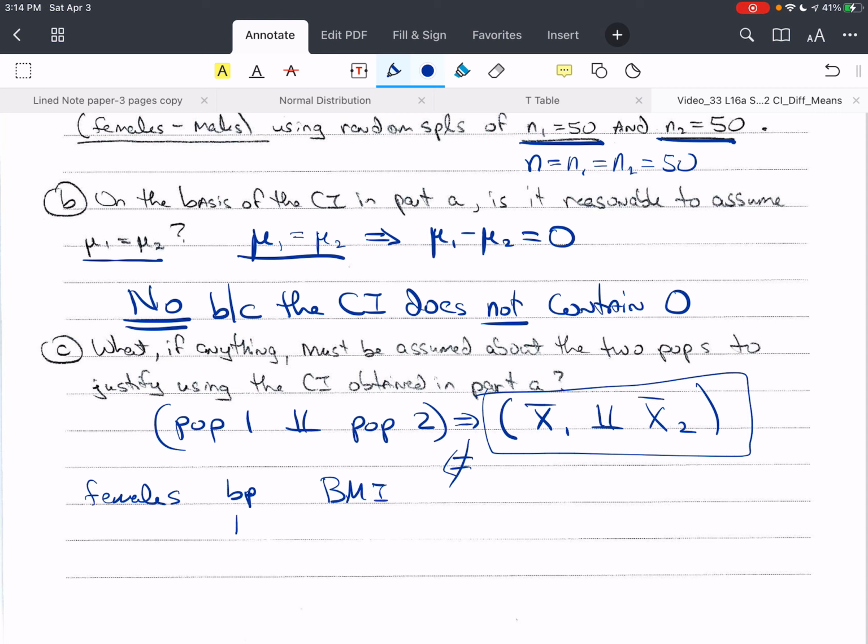These are definitely dependent on each other if you're in the same person, but what if these people were not the same as the ones used for BMI? Then, even though the populations are not independent, the averages are, because the way the samples were chosen, it's not the same female for both BP and BMI.